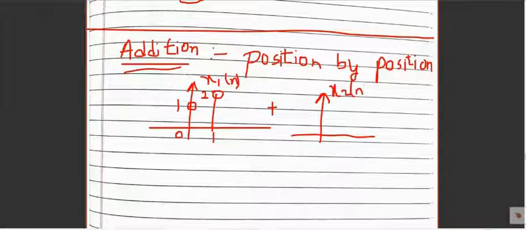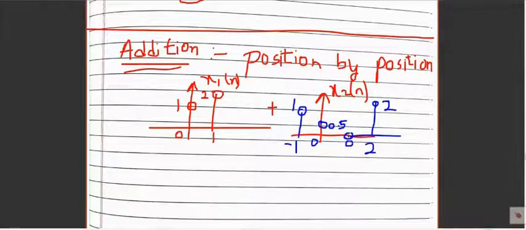For example, at -1 it has amplitude 1, at origin it has amplitude 0.5, at 2 it has amplitude 2. At 1 nothing is given, that means amplitude is 0. These two are the sequences and we have to perform the addition, that means x1n plus x2n.